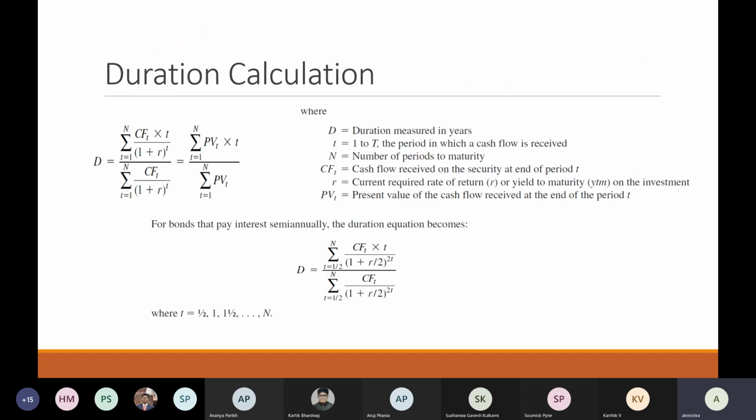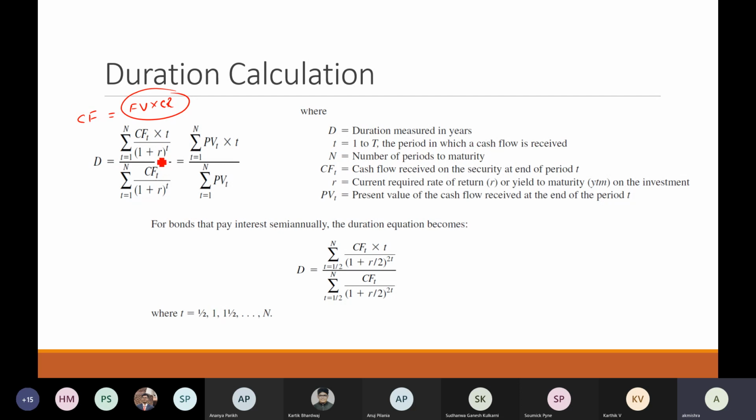So now here the formula is there to calculate duration. In duration, your CF is basically your cash flow, face value into coupon rate. So this is what we are calling your cash flow. And in this formula, remember, these are the annual effective interest rates.